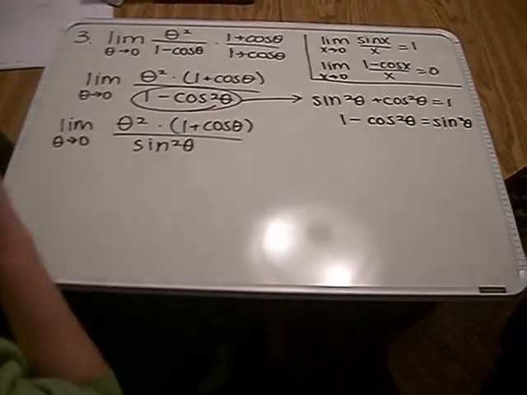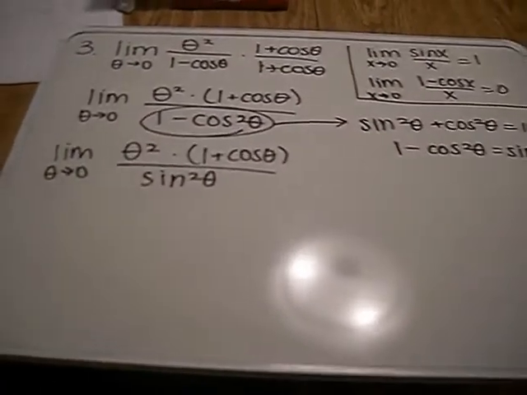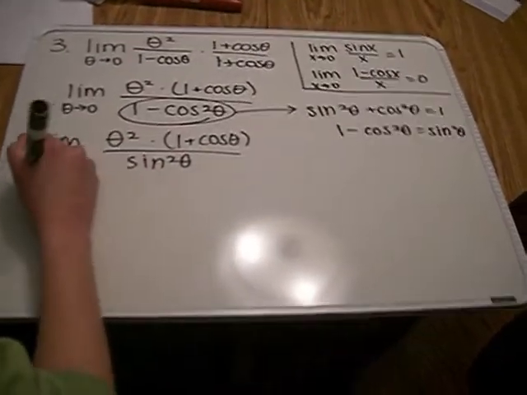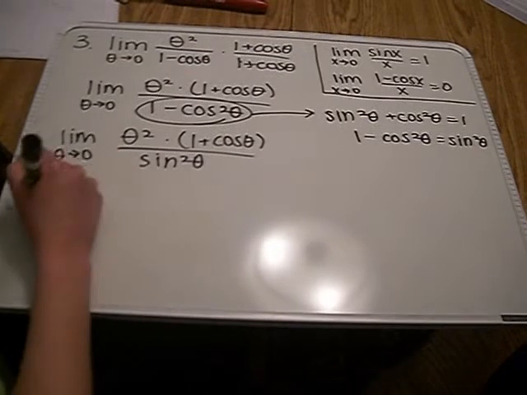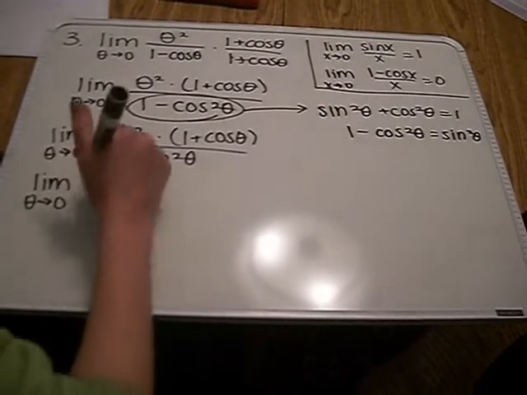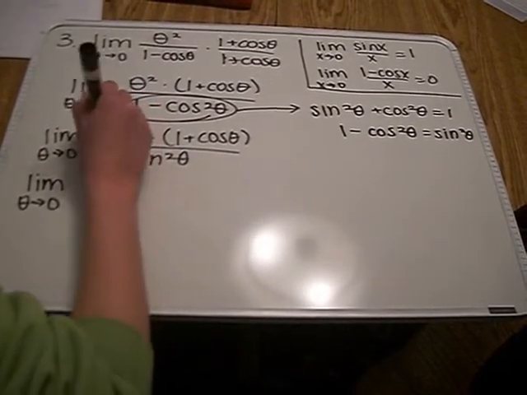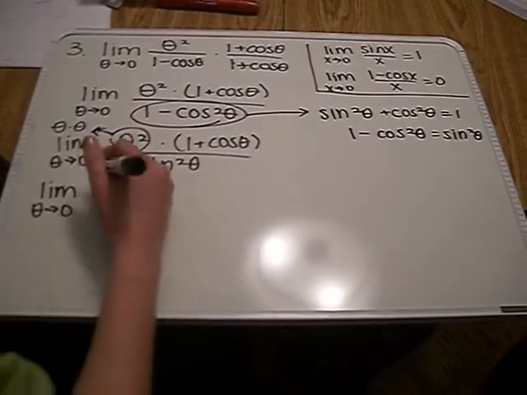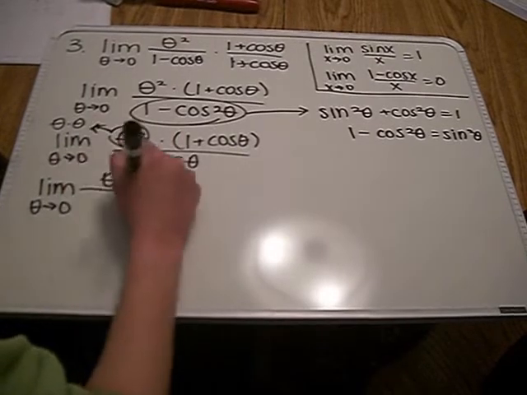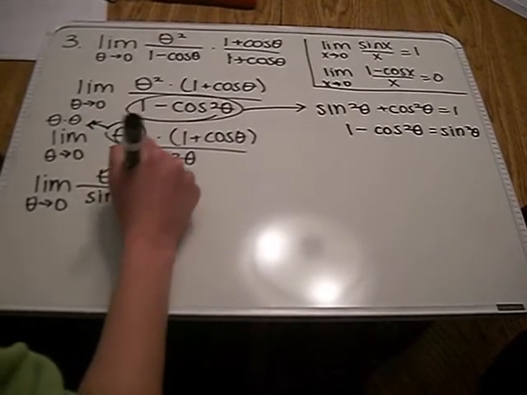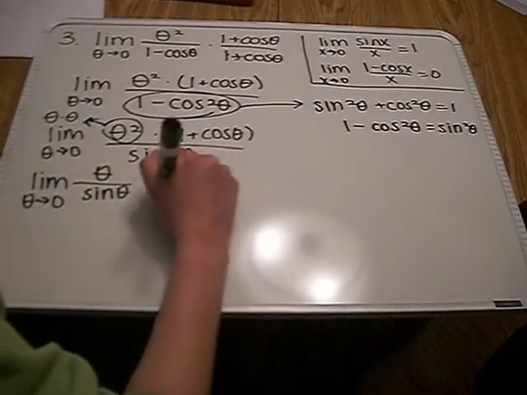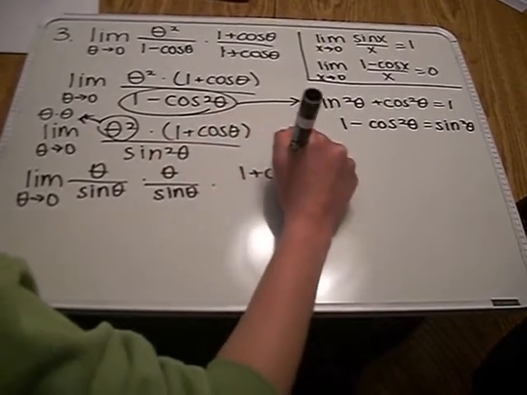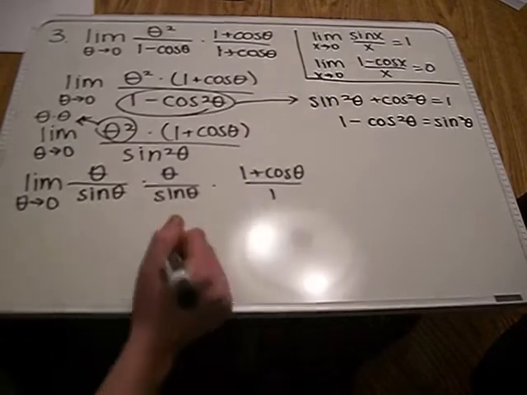You might be looking at this and wondering, well, what do I do now? Well, now you're going to split up the fraction. This is going to become the limit as theta approaches 0 of, remember theta squared is really the same thing as theta times theta. So this will become theta over sine of theta times theta over sine of theta times 1 plus cosine of theta over 1.